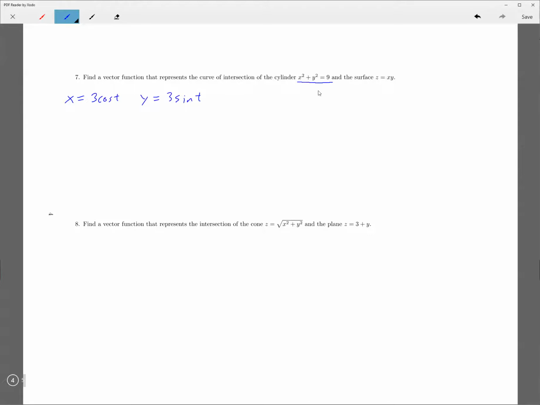So then, if this is x and that's y, then z is x times y. So that's going to be 9 cosine t sine t.